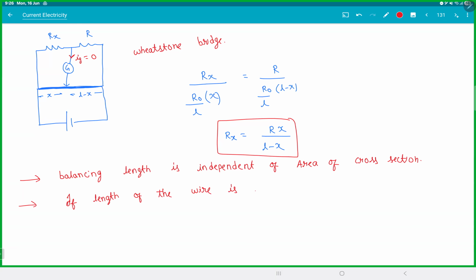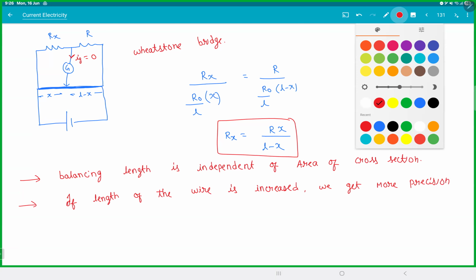If the length of the wire is increased, you actually increase the accuracy. We get more precision, that is, we get more decimals.